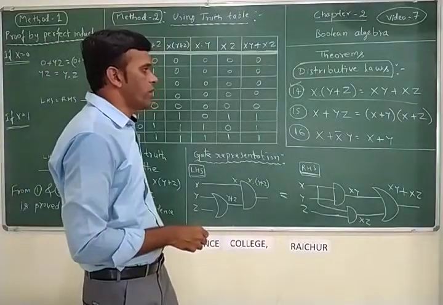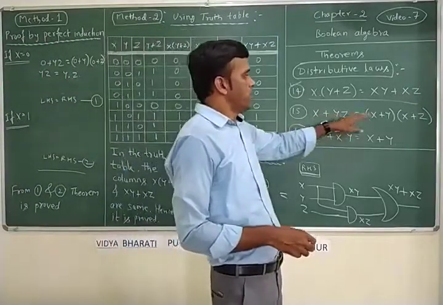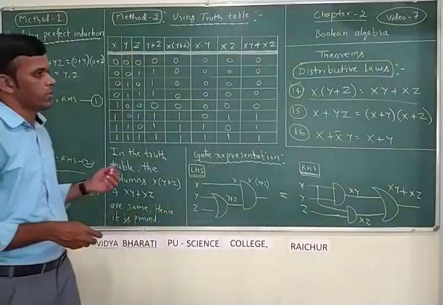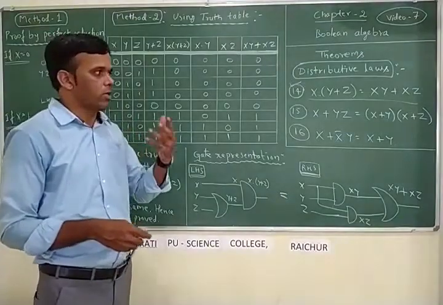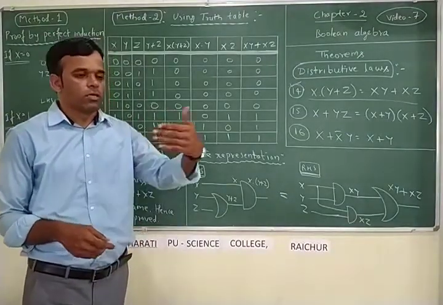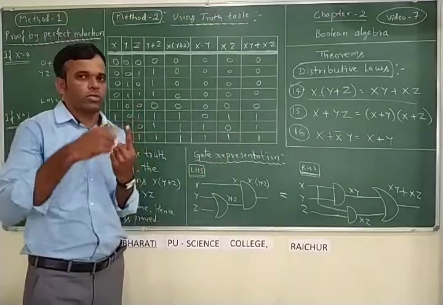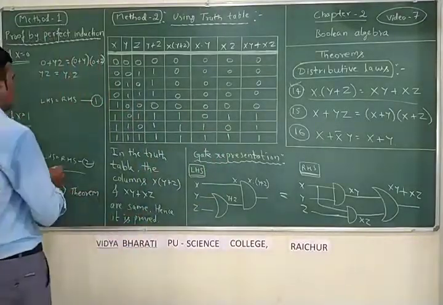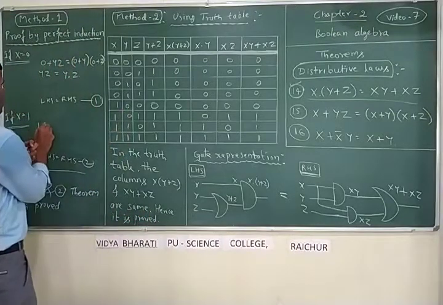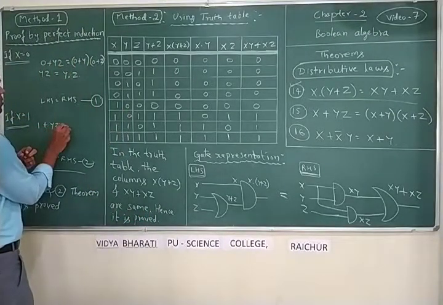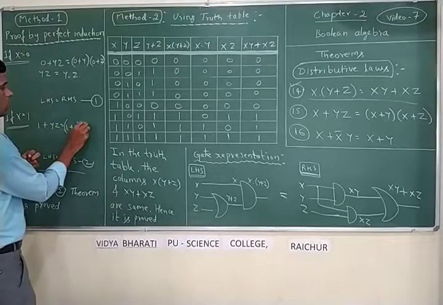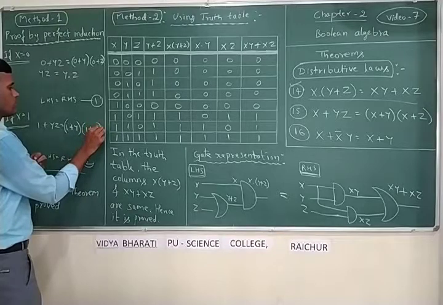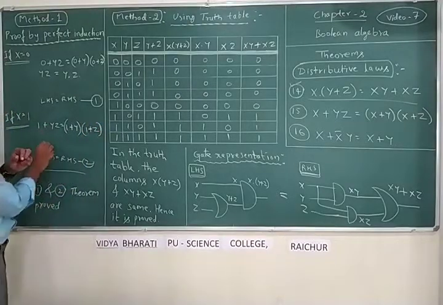So now we will substitute value 1 in LHS and in the RHS. Of course we are going to use the property of 1, in the particular case where 1 is ORed with the variable. When 1 is ORed with the variable, the answer is going to be 1 only. So 1 plus yz equals (1 plus y)(1 plus z). 1 plus yz is 1.